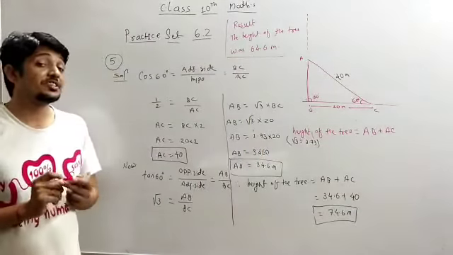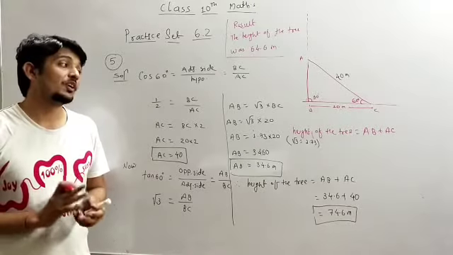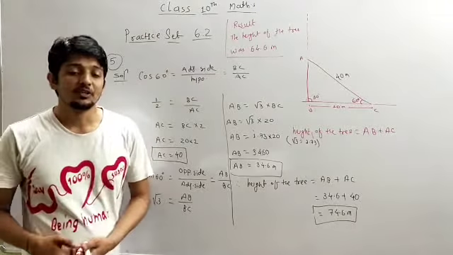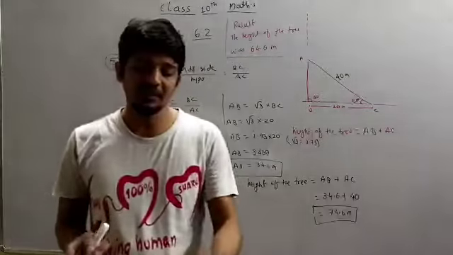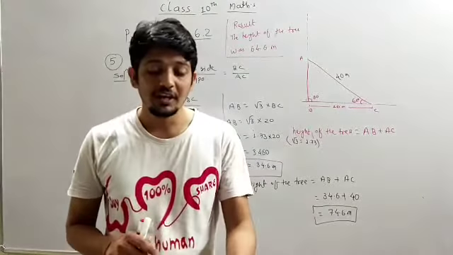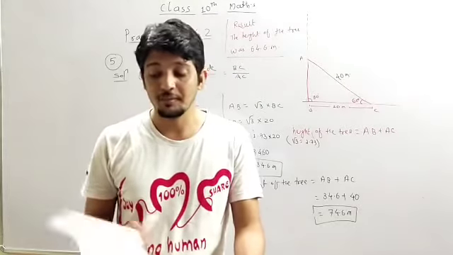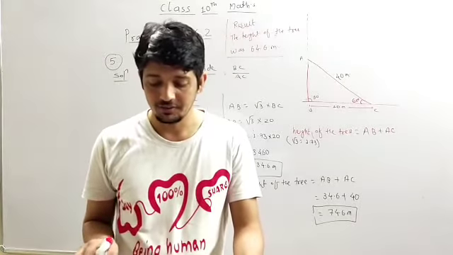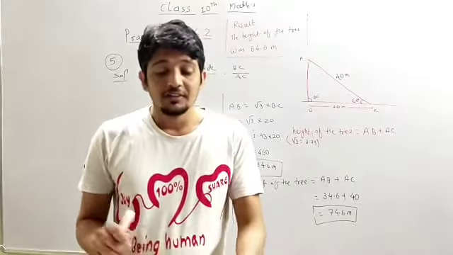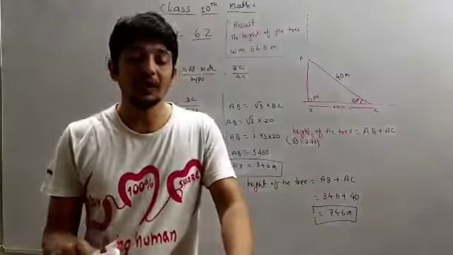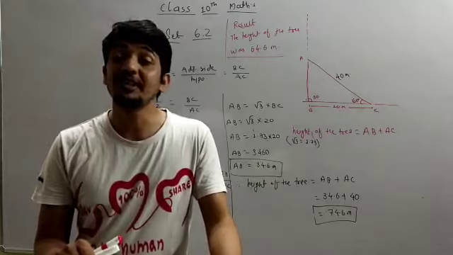Okay, so this is the way you have to solve the word problem of trigonometry. So here we have completed our exercise 6.2. Here we have one question which is homework 5, question number 6. So by tomorrow we are going to start the problem set 6.